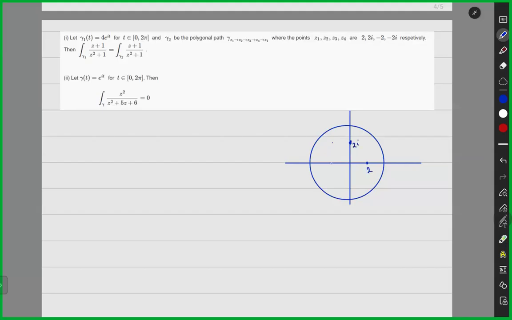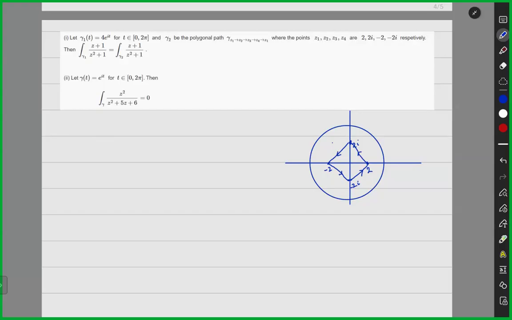Minus 2 is here, minus 2i is here, right? So we have this polygonal path. It is not drawn very well, because if drawn well it should have been a square, but you assume that it is a square.